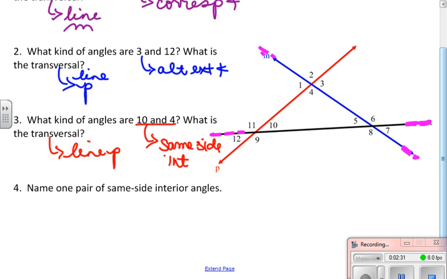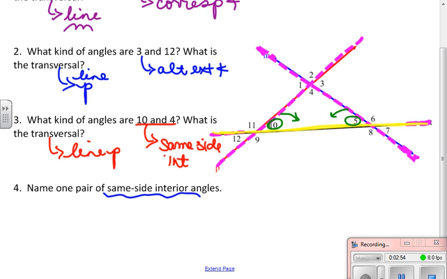If I want to name another pair of same side interior angles, let's mix things up and use this line and this line as our intersecting lines. And let's use T as our transversal as an example. So if we're on the same side and inside these intersecting lines, then that means that angle 10 and angle 5 are same side interior.